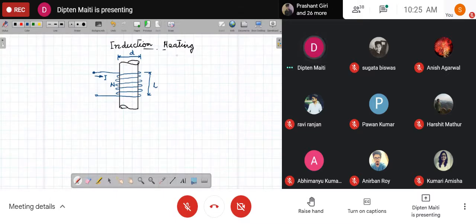For that, the first thing we would consider is the skin depth, that is represented by this delta. This is the skin depth, that is equal to, I think you know the relationship, that is just 10 to the power 7.